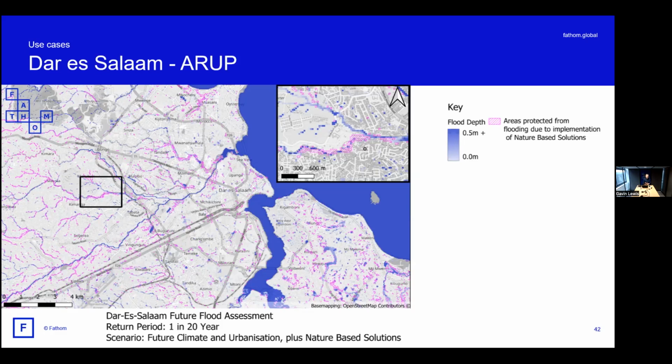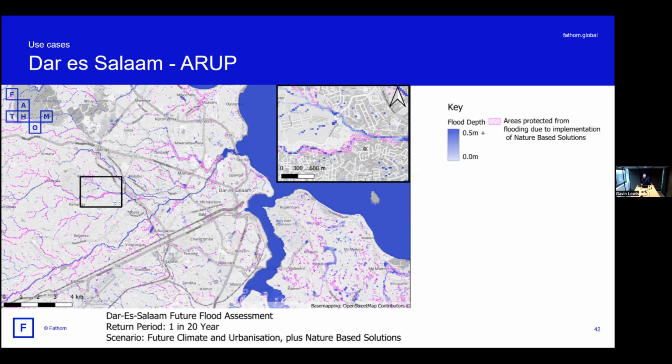Through this swift modelling of future climate and urbanisation impacts, it enabled Arup to rapidly develop the most appropriate options for the nature-based solutions, and to derive a number of benefits. For example, 17,000 buildings were less susceptible to flooding. About 12 square kilometres of urban area were no longer flooded.